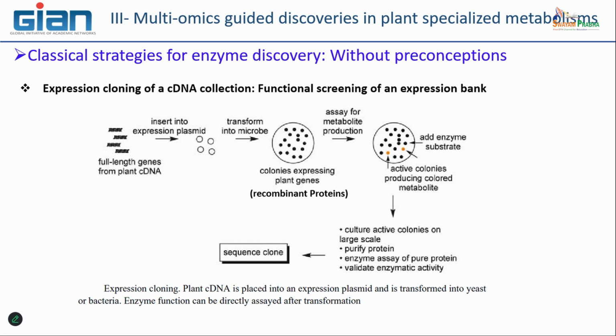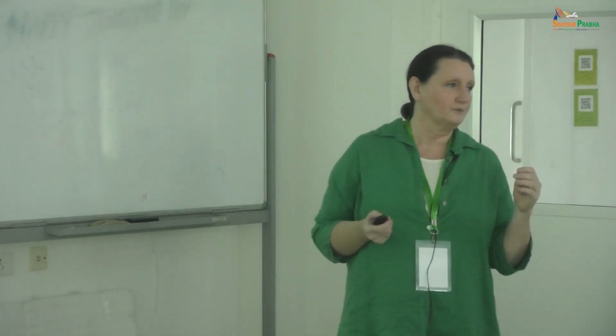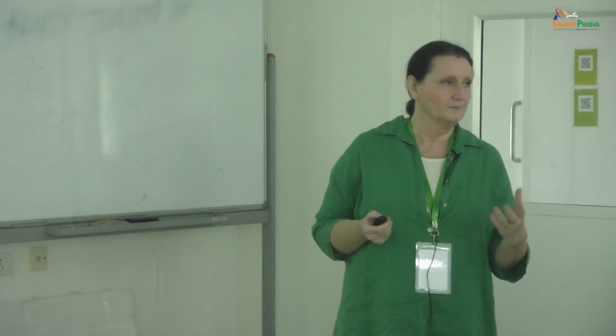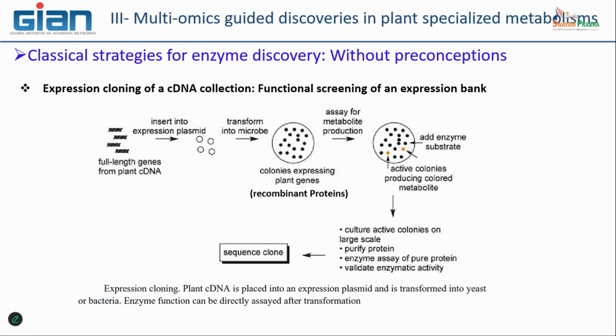It can be to include in the medium a specific molecule that can be converted indirectly into a molecule you can easily find. So it can be limited depending on the type of activity you are looking for. But it is another type of strategy.